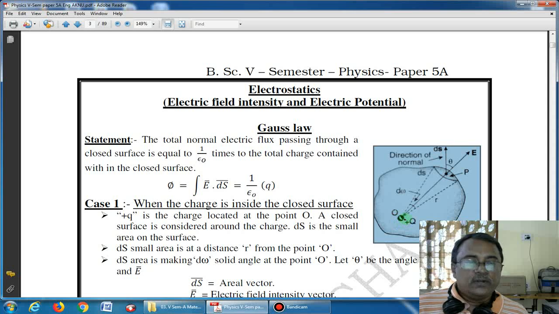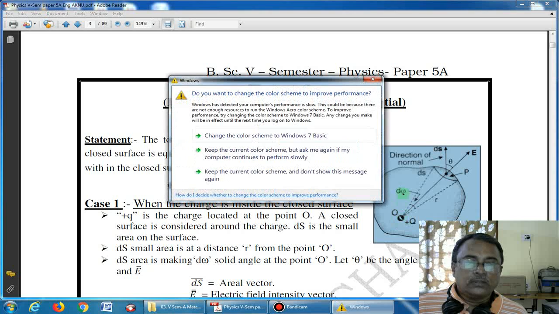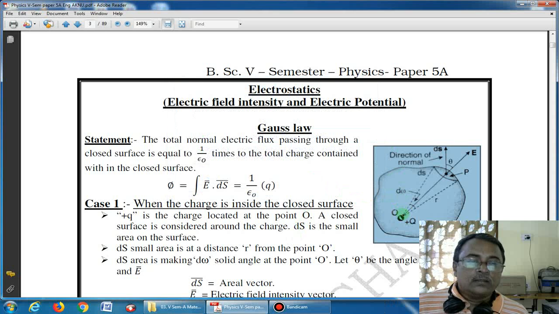I have already told you that if a positive charge is placed near this positive charge plus q, then it is repelled. Then the path in which the repelled unit positive charge moves is called electric field line.